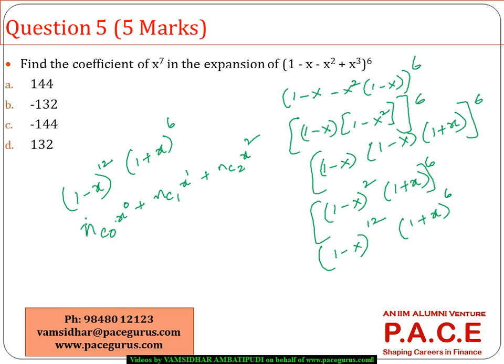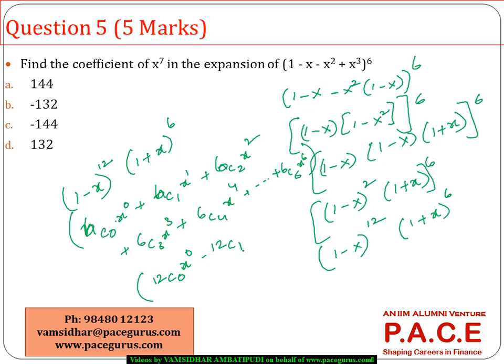So here 6C0, 6C1, 6C2, 6C3 into x cube, 6C4 into x power 4, and so on up to 6C6 into x power 6. This is the left hand side part. And 1 minus x also goes like this only: 12C0 into x power 0, minus 12C1 into x power 1, plus 12C2 into x squared and so on, with alternating signs.